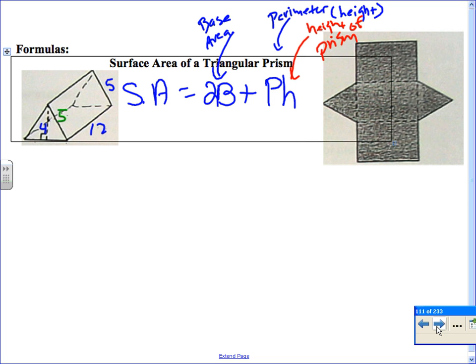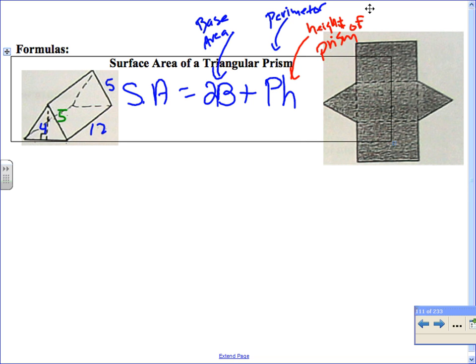P is the perimeter of the base, and H is the height of the prism.